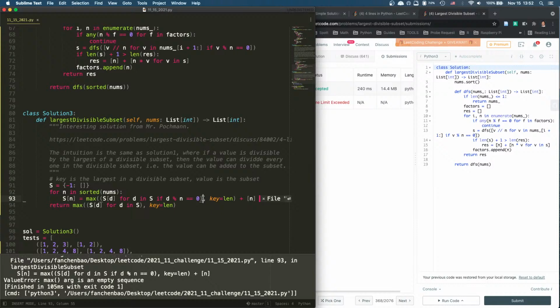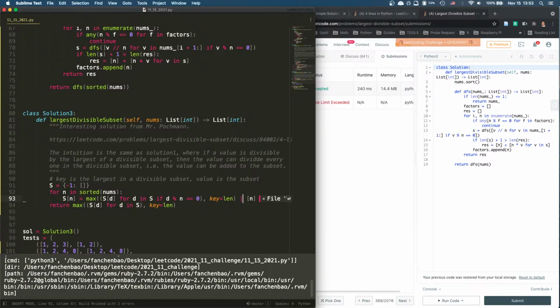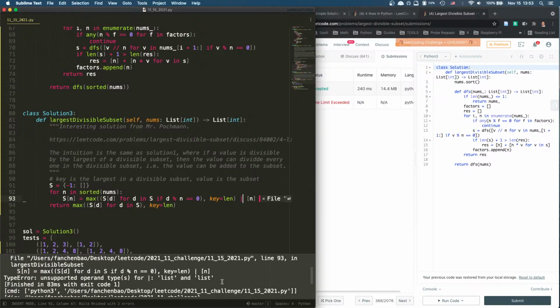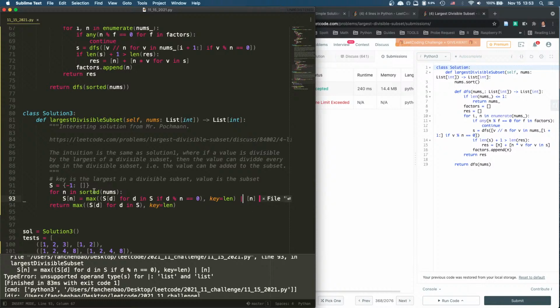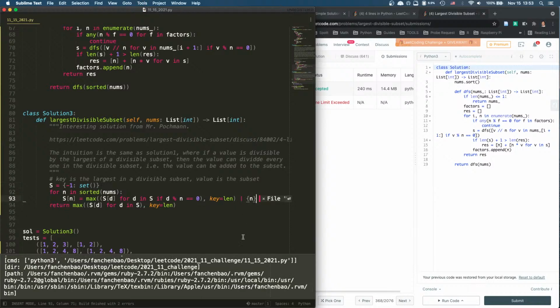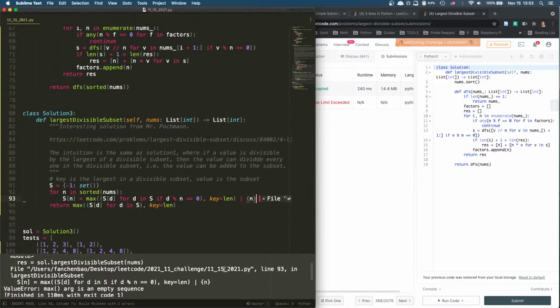Oh, it's an empty sequence. Oh wow, he did think of everything. It has to be a set, because I can do or on a set, and I cannot do or on the other. But still.